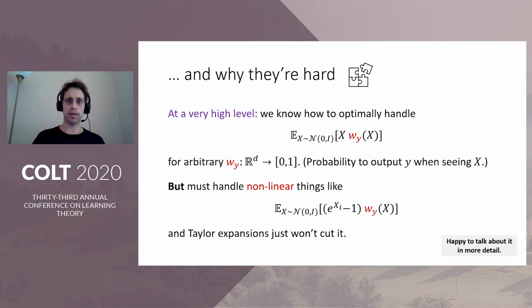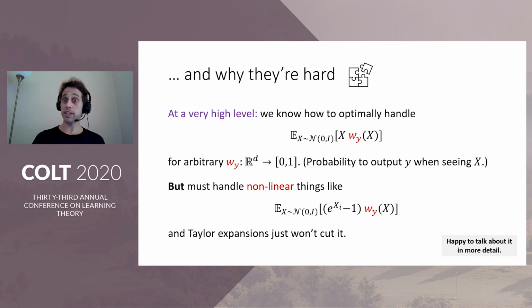But in this case, we must handle nonlinear things of the form expectation of e to the x times that arbitrary function, which seems like a small difference. We could just use a Taylor expansion and look at the first few terms, but Taylor expansions just won't cut it. It doesn't work. I'd be happy to talk about it much more in detail, either by email or offline, but that's the gist of the technical difficulty.